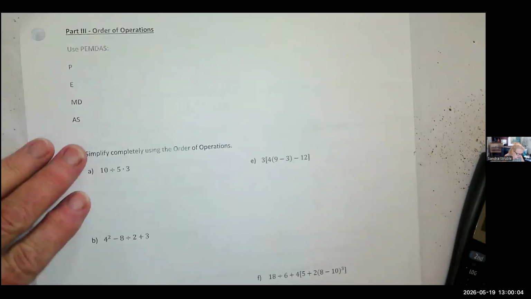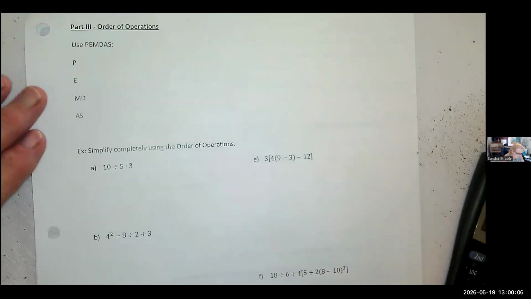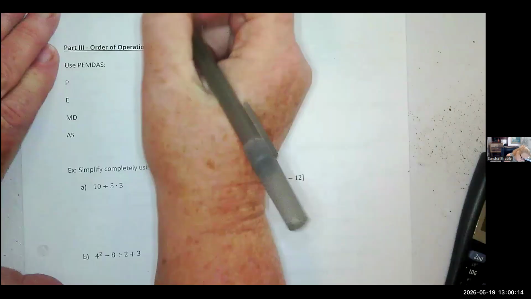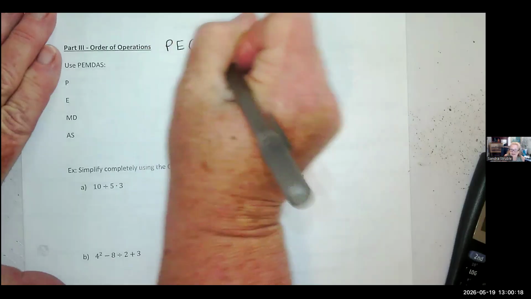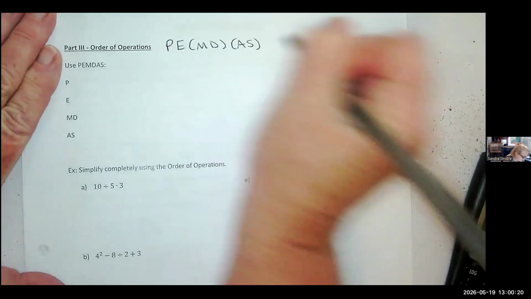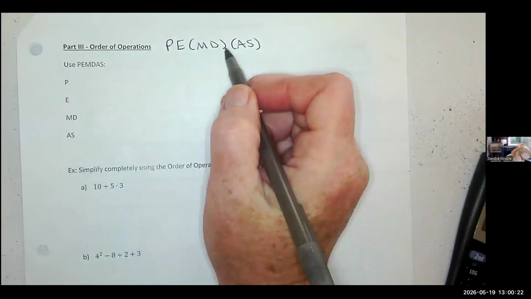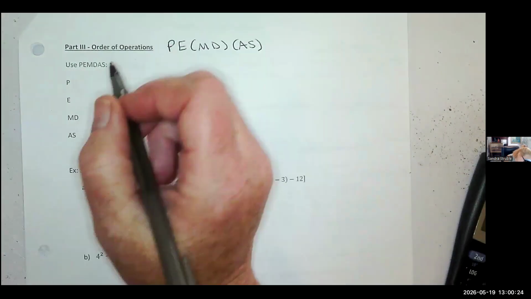There are other ways to write it too, but I'm going to stick with PEMDAS. There's a different way I want to write it. I don't want to leave it like this. I want to write it like that, with parentheses. Here's why. With the parentheses, that's what P means.